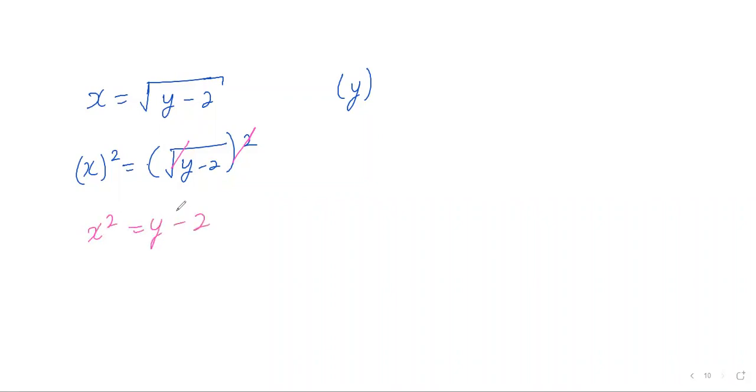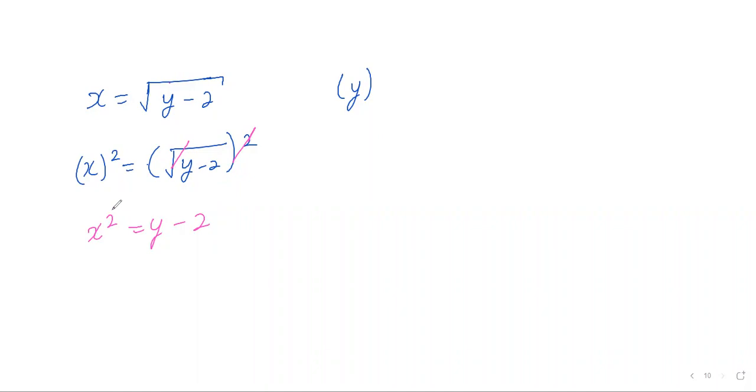Let's go one more time. I was given x equals square root of y minus 2, and I want to make y the subject. So the first thing I have to do is get rid of the square root. The opposite of square root is square, so I have to square both sides. I square the left-hand side and square the right-hand side.